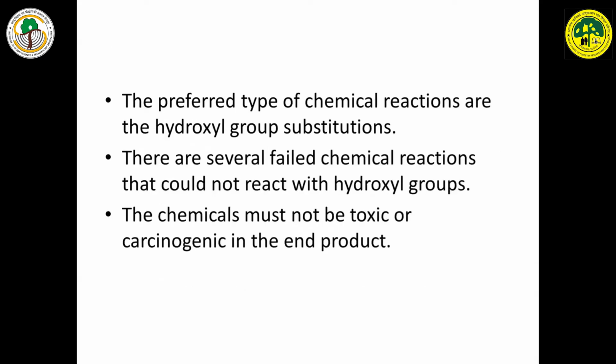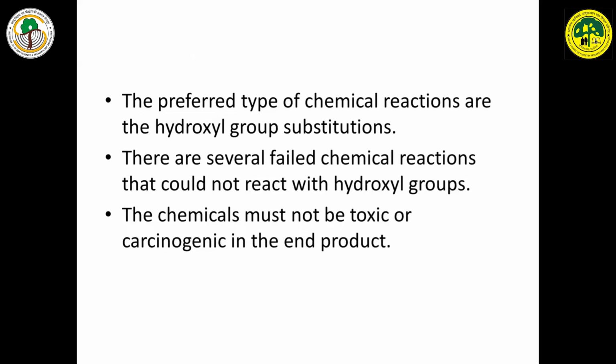And here the preferred type of chemical reactions are the hydroxyl group substitutions. A number of chemical reactions are possible with alcoholic functional groups, that is the OH. So the OH group is the major one responsible for the chemical modifications in the wood. After that comes unsaturation, to which we can go for chemical modification.